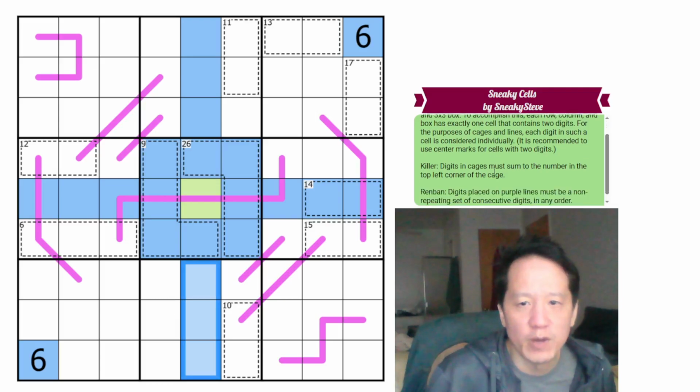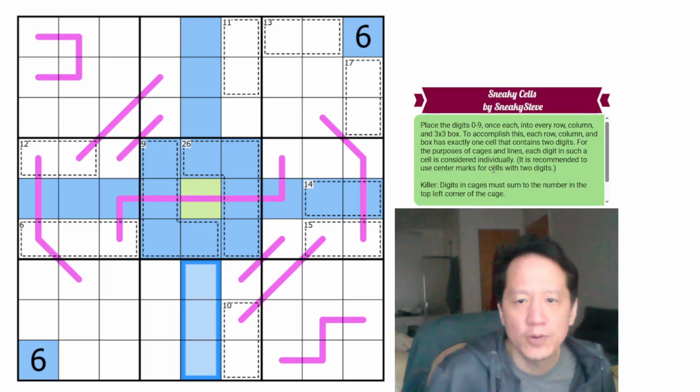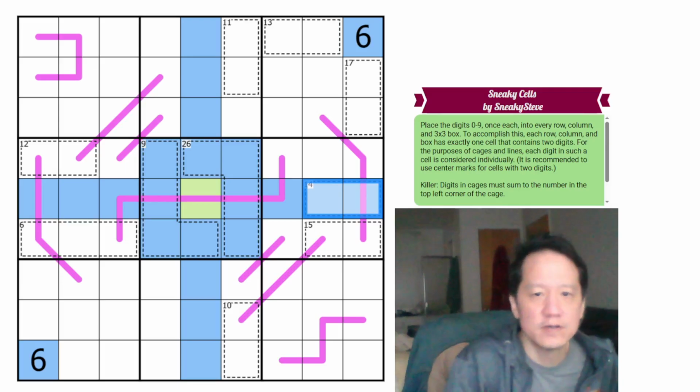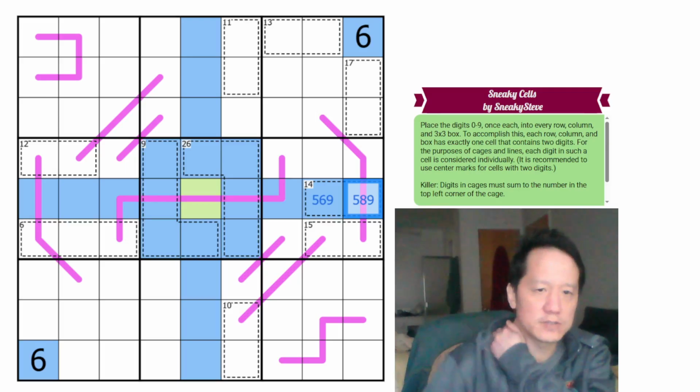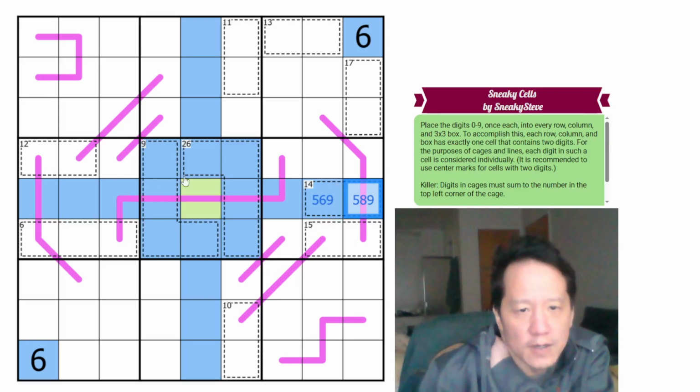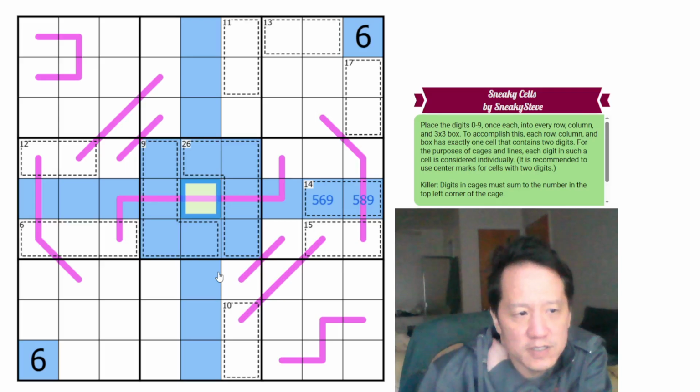Because remember, we have one sneaky cell per row, column, and box. So this has to be specifically either 5-9 or 6-8. And this can't be 6, so this has to be this. If this is 6-8, this would have to be 6, and this would have to be 8. This is a sneaky cell.